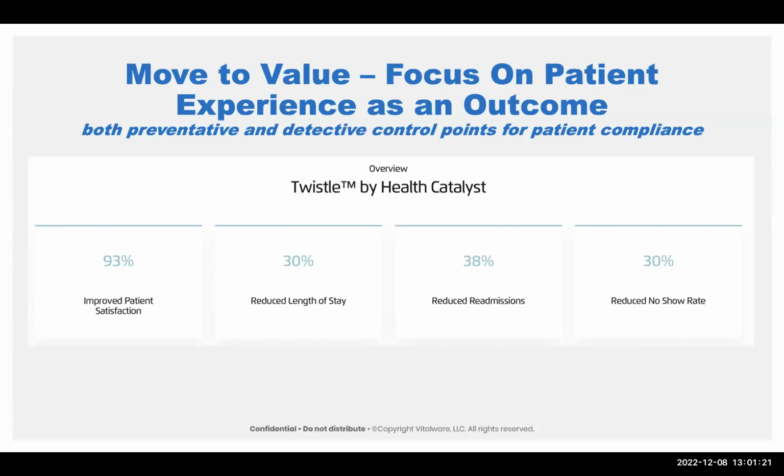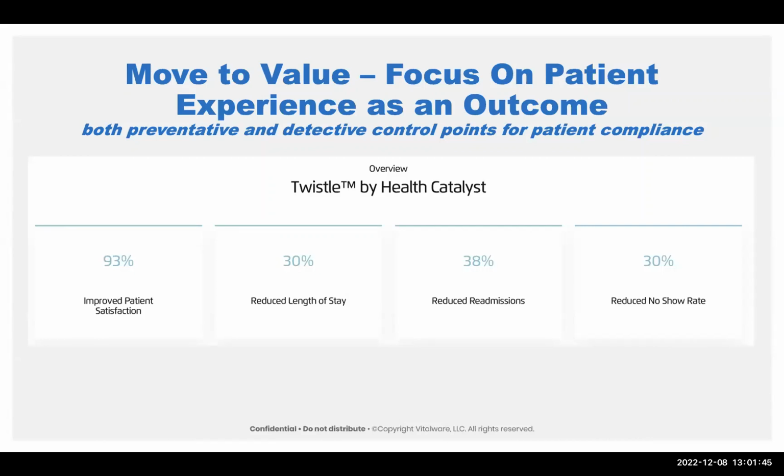And so this is where we see our chronic care management codes and things like that. But 93%, when the software was implemented, improved patient satisfaction. 30% reduced length of stay because we could move them to a different environment. Reduced readmissions by 38% and reduced the no-show rate by 30%.